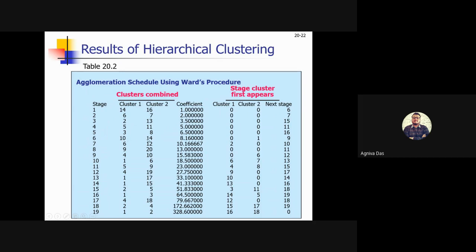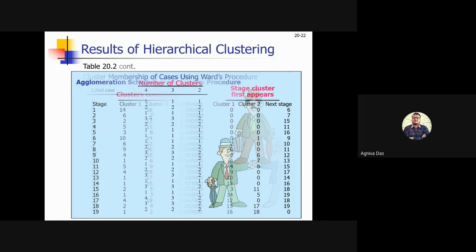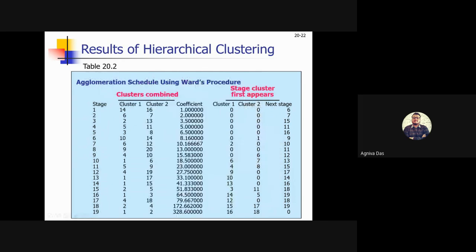Here you have number 1, 14, number 2, 16, and then a coefficient of 1. After that, the next stage is 6, then you have 7, with a coefficient of 2, and in the next stage you have 7.